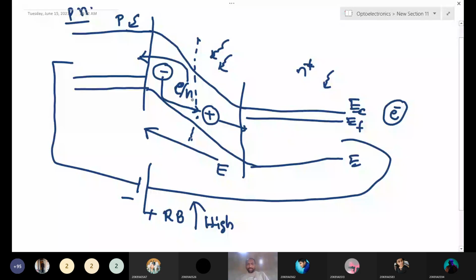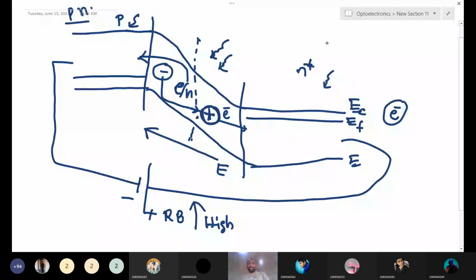While going towards the n side, the electrons interact with positive ionized donor atoms. Once an electron interacts with a positive donor atom, it creates one more electron. This electron we call a secondary electron. This process we call impact ionization.